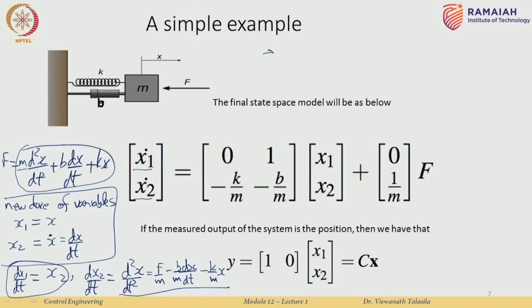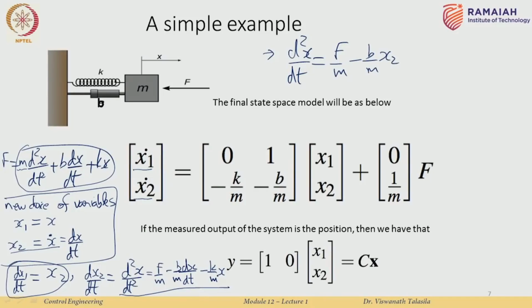We have this d square x by dt square, and you can see that I have got this term f by m, that is obviously the independent input, it does not depend on the states, so that stays as it is. Then I have got this b by m times dx by dt. Now, dx by dt is nothing but x2, so I will write this as b by m times x2.